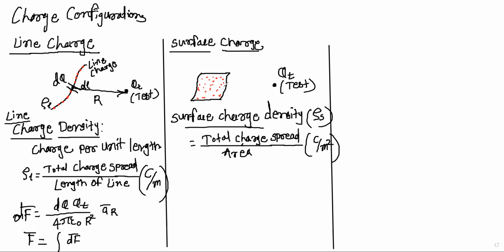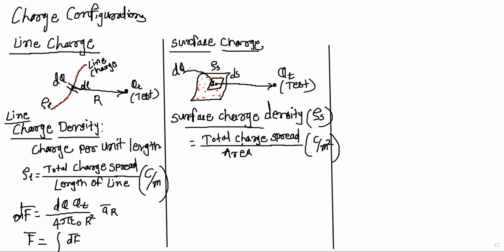Now here, if I try to find the same problem, like if I want to find the total force on QT because of this surface charge rho s, then what you will do, you have to select a small segment of this surface, let us call it as ds, and you can treat this ds as dq.